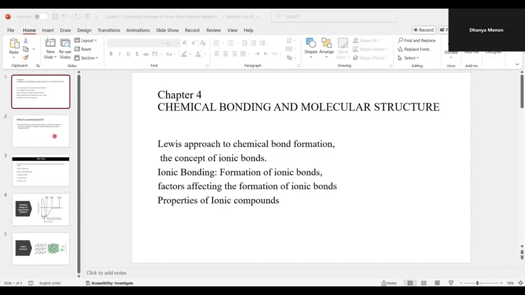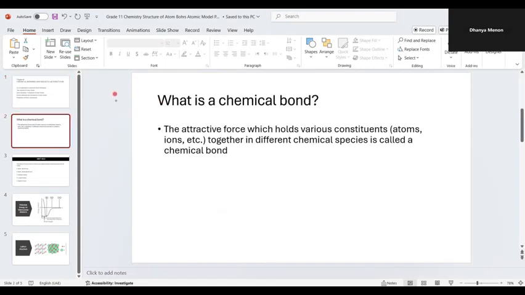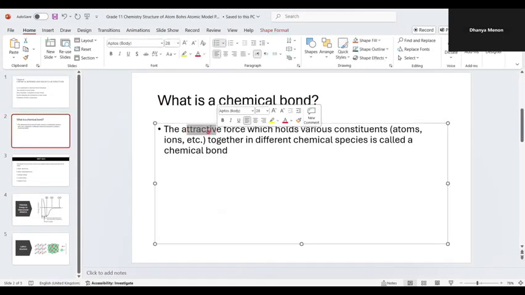So chemical bond is nothing but the attractive forces which hold the various atoms together. Now, there are various kinds of chemical bonds. So chemical bond is nothing but the attractive forces that hold the atoms or ions together, right?